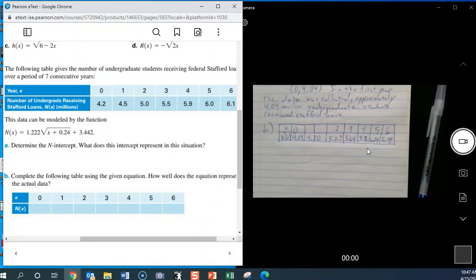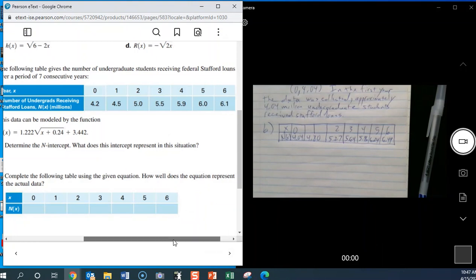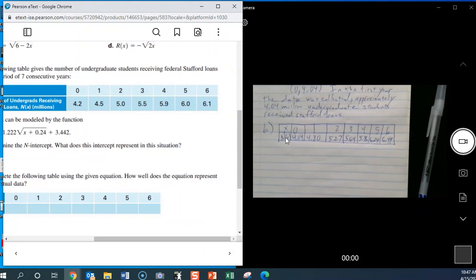Now we're asked, how does this compare to the actual data? And as we can see here, it's a little lower than the actual data until we get to the last 2 years.